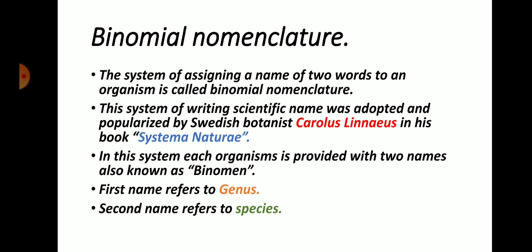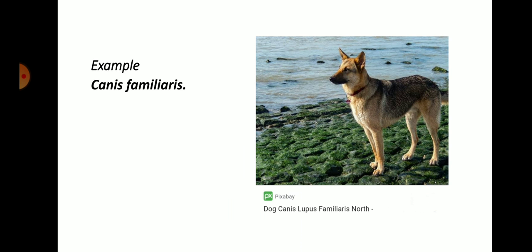Sometimes the name of the taxonomist also follows the scientific name, in full or abbreviated form. So let's see some examples of this binomial nomenclature. The first example is Canis familiaris, the name of the dog.